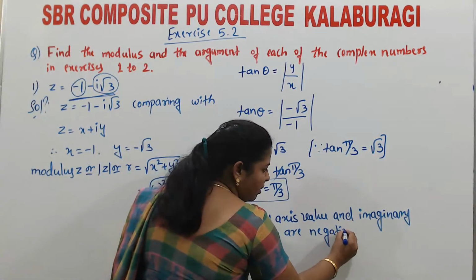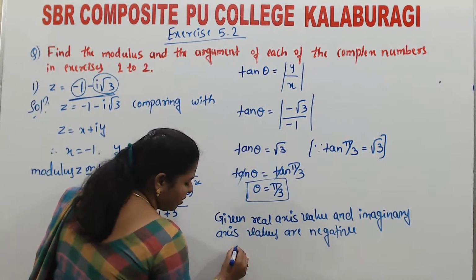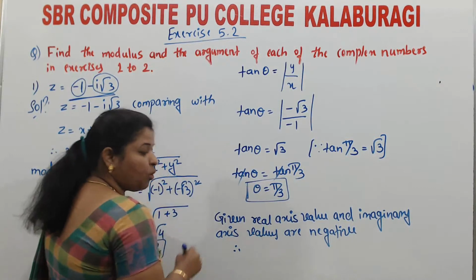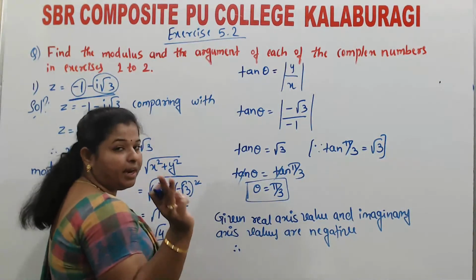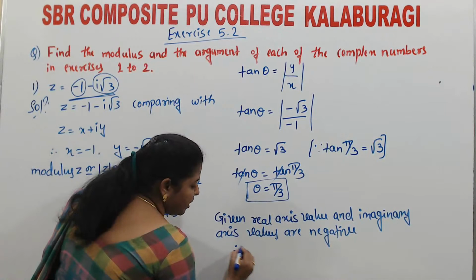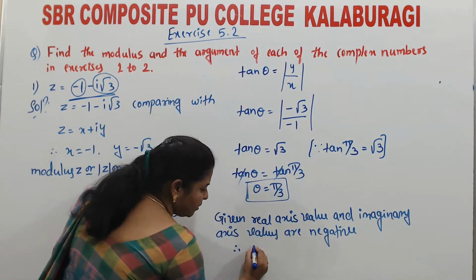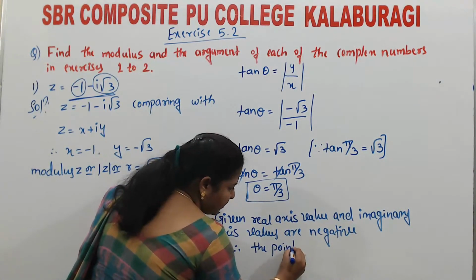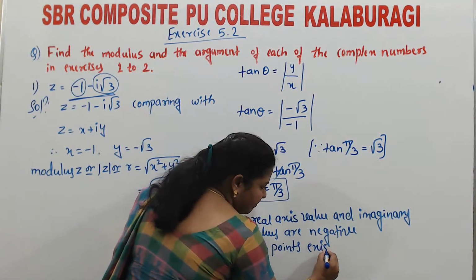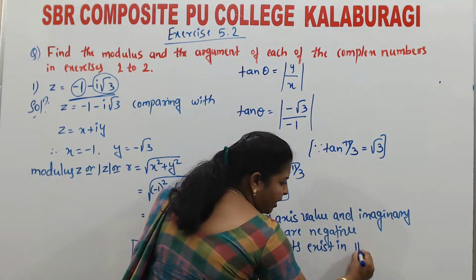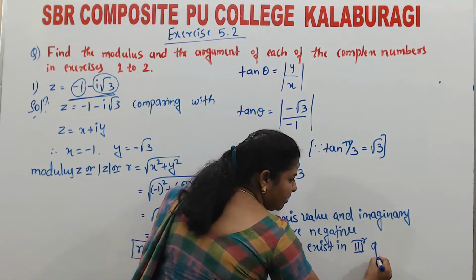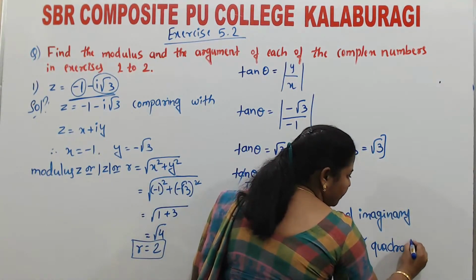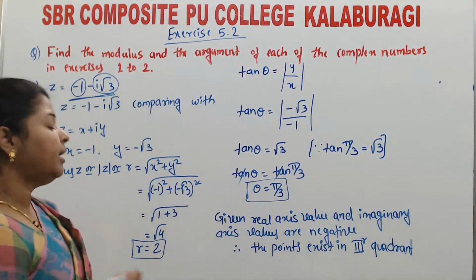Negative. Therefore, these two values or points exist in the third quadrant. Okay. The point exists in the third quadrant.